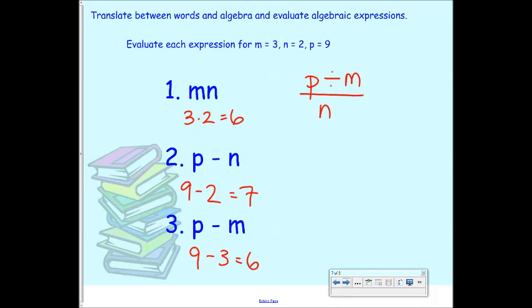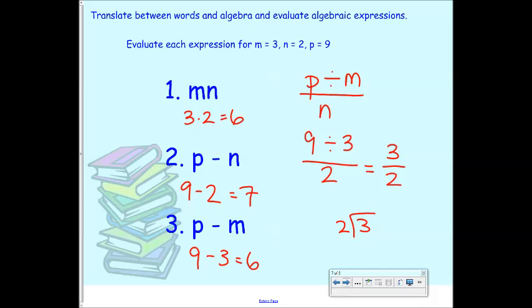Plug in. The first thing you want to do is plug in. So what's that going to give me? Okay, so how do you start this one? Start off by doing everything on the top. So what's 9 divided by 3? 3 over 2. And then what would you do here? I would simplify that. So I'm going to do 3 divided by 2.